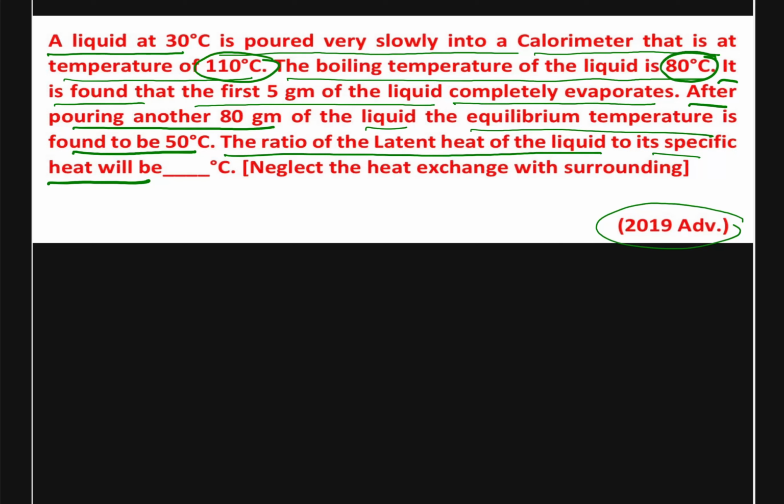We have to remember that the boiling point of the liquid being poured inside the calorimeter is 80 degrees centigrade, and only 5 grams of the liquid evaporates. It means when these 5 grams of liquid are finished, the temperature of the calorimeter drops below 80 degrees centigrade. That's why it stops evaporating. This is the basic thing. And when we add another 80 grams, the final equilibrium temperature is 50 degrees centigrade.